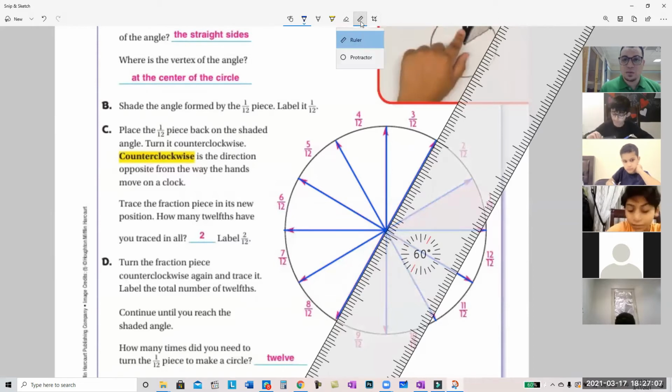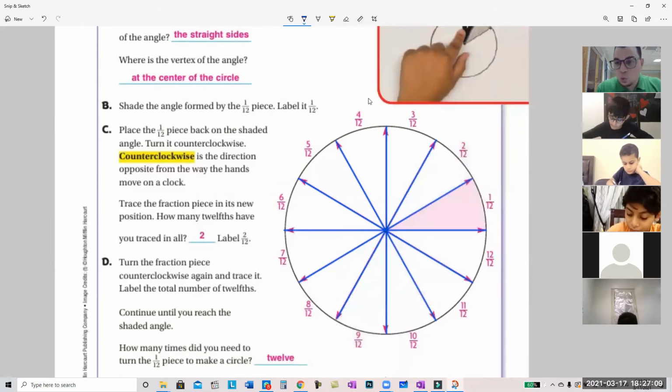So as you see here, we have 12 equal parts here. So we divided this circle into 12 equal circular sectors.